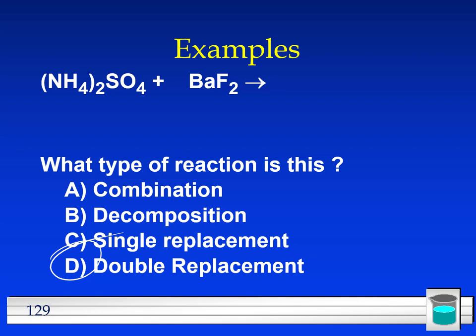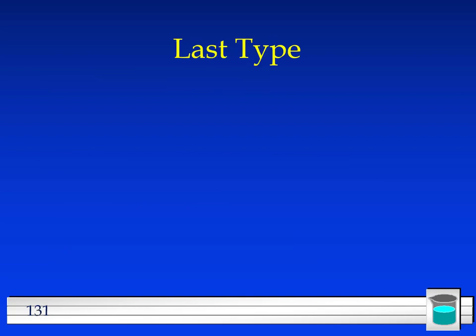Okay? And then we got one last type that doesn't match up with our dancing analogy at all. The last type is called combustion.